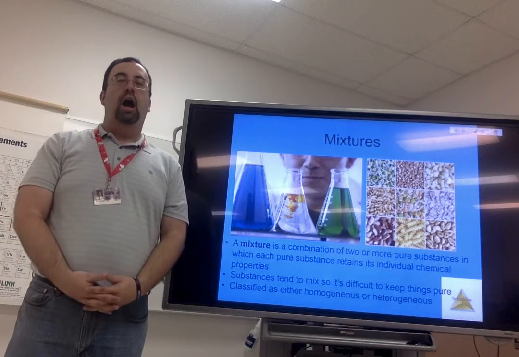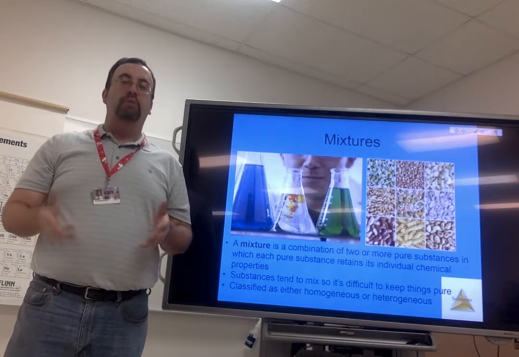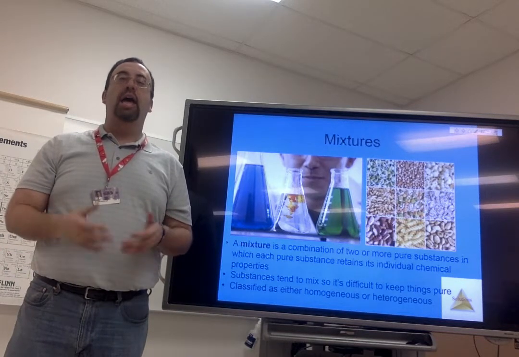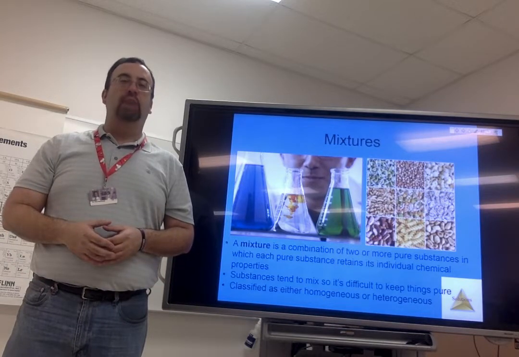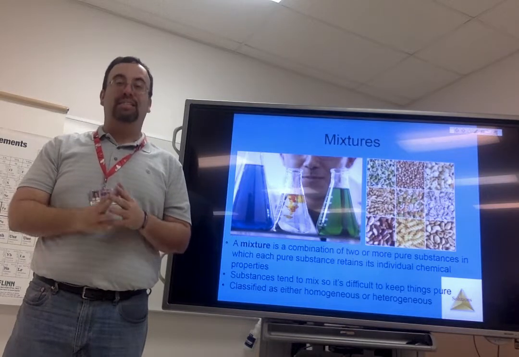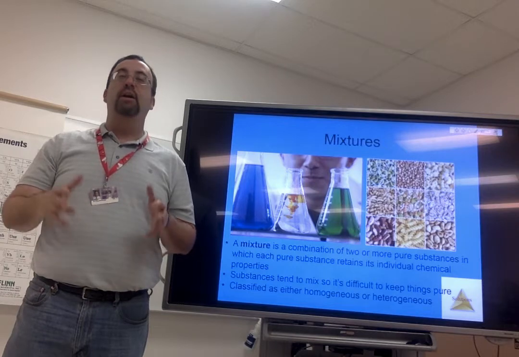When you think about thermodynamics, you know that things tend toward entropy or disorder, and so it's a lot easier for things just to mix together, and therefore to separate out the different substances, it does take some additional work.